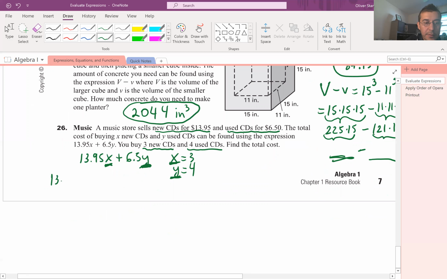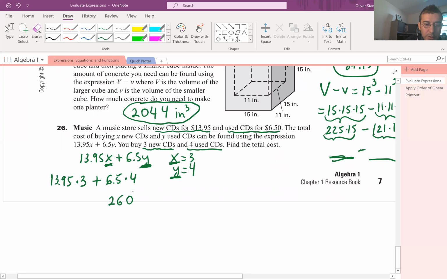So it becomes 13.95 times X is 3, and then plus 6.5 times Y is 4. Okay. So 4 times 5 is 20, 0 and 2, 4 times 6 is 24, and 2, 26.